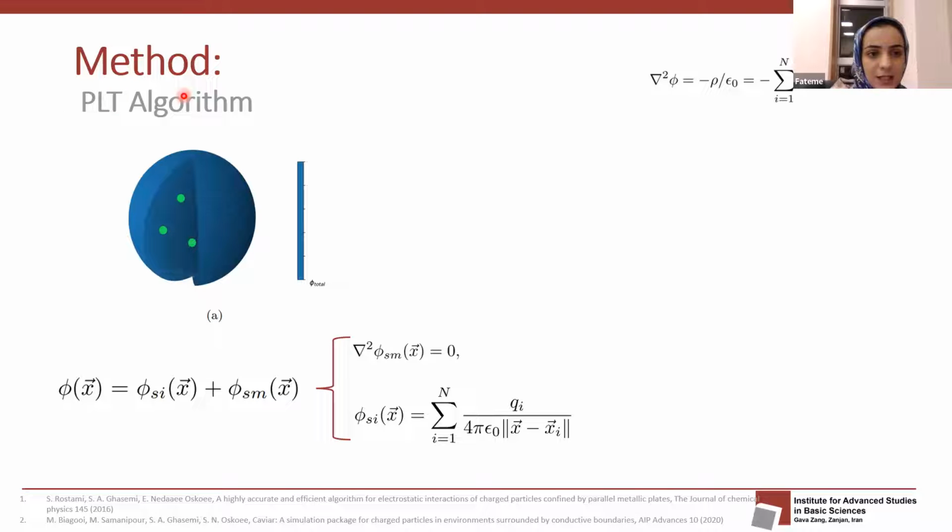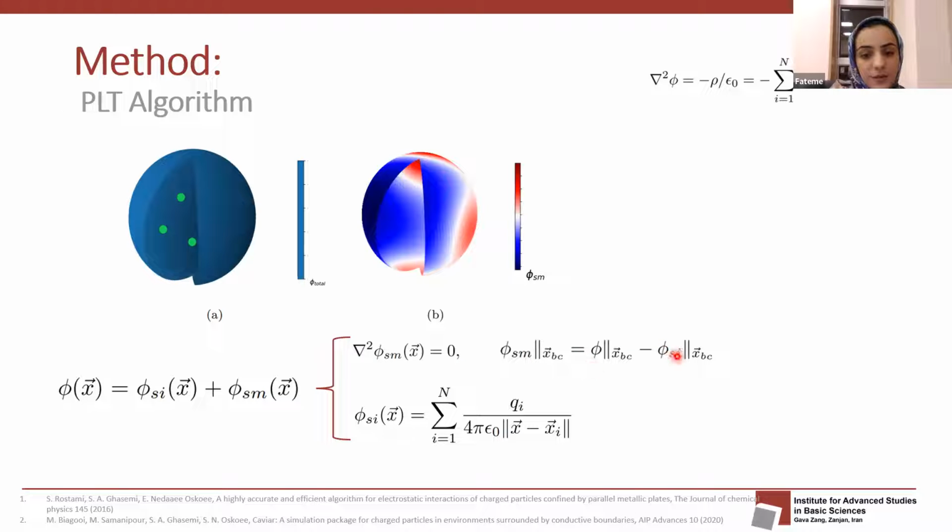Due to the PLT algorithm, the singular part is easily calculated by this equation. And the potential of the smooth part is calculated by the Laplace equation with modified boundary condition.